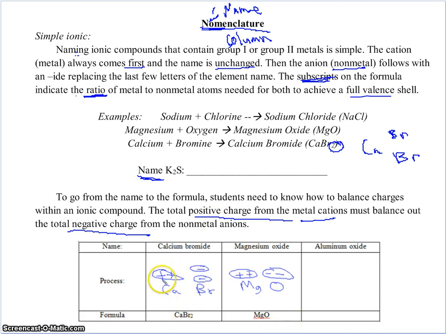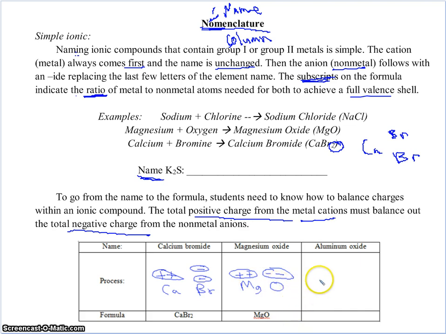So calcium has a 2 plus. Remember, because calcium has 2 valence electrons, so it's going to lose them both. And bromine is negative, so I guess each circle is an atom, so we have 1 calcium, we have 2 bromines, so CaBr2. Magnesium forms a +2, oxygen's a -2, so we just need one of both.